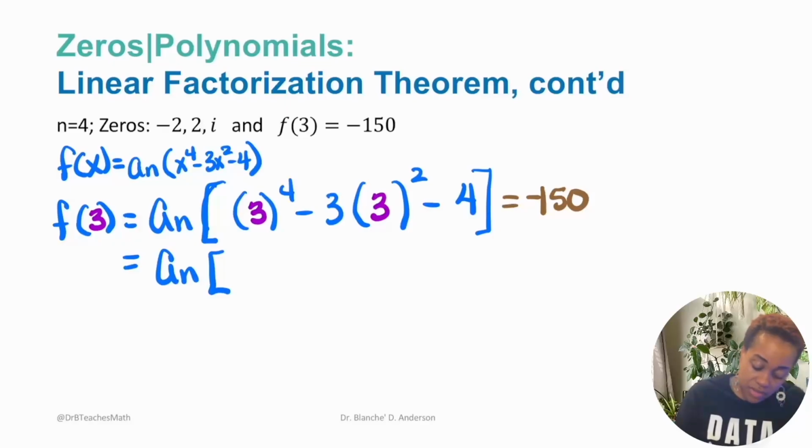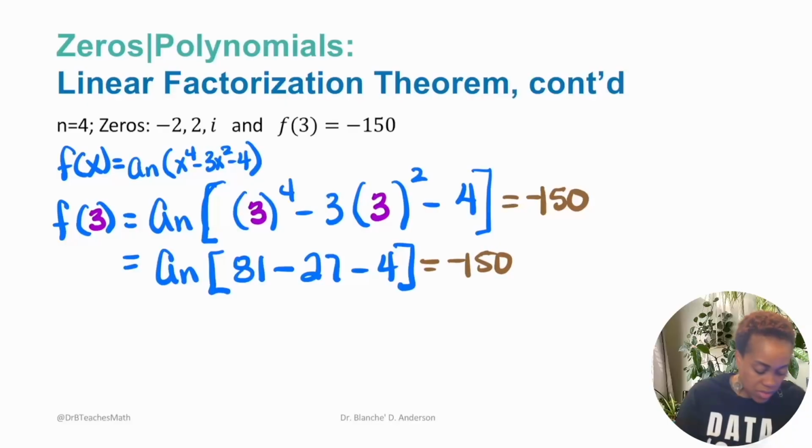Gotta check the math. This was a long lesson. So 81, and then 3 times 3 is 9, times 3, that's going to be 27, right? And then minus 4, and that equals negative 150. So 81 minus 27 minus 4 gives me 50. So a sub n times 50 is equal to negative 150.